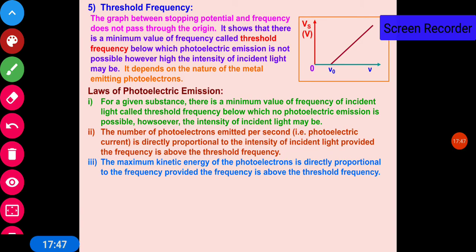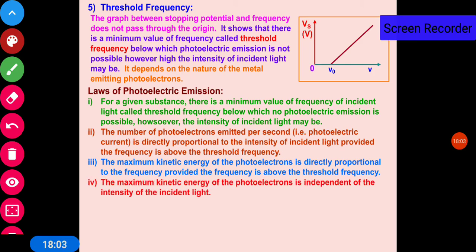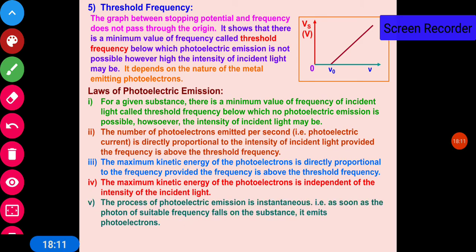Part of the energy is used to eject the electron from the surface of the metal, and the rest of it is transferred to increase its kinetic energy. So we can say that kinetic energy is directly proportional to the frequency. The maximum kinetic energy of the photoelectrons is independent of the intensity of the incident light.